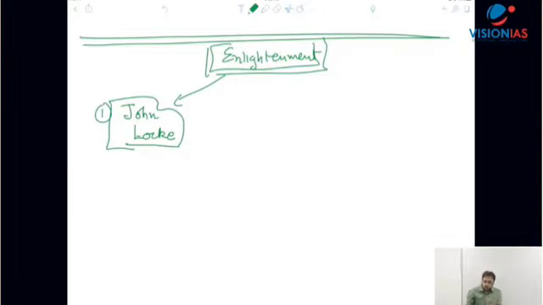Okay, so at this point of time, John Locke, who is a British political philosopher, is of the opinion on why the state came into existence. That is the question. Hobbes and Locke have different views on this, but we're not getting into that. But John Locke says that there was something that was called the state of nature.